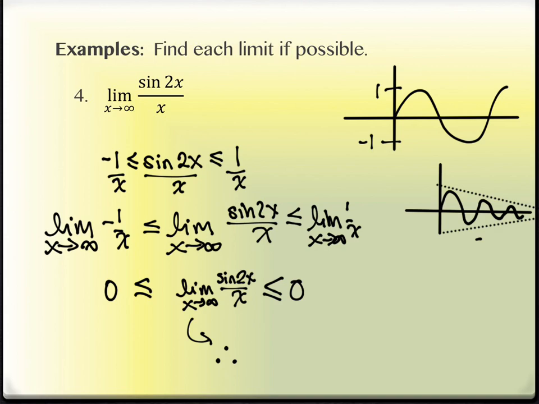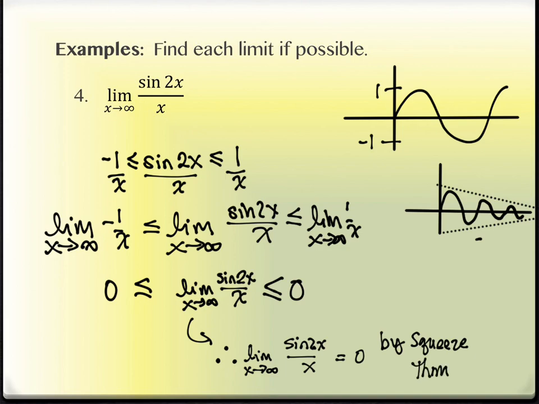It means therefore. Therefore, the limit as x goes to infinity of sine of 2x over x is also equal to 0. And I'm going to actually cite it here because there's a very good reason. This is by what's called the squeeze theorem.